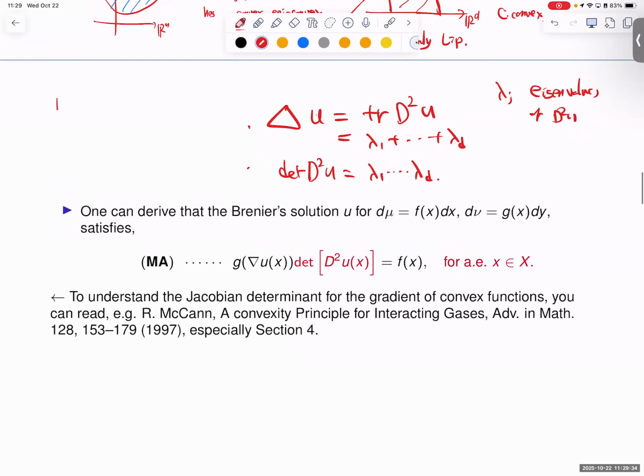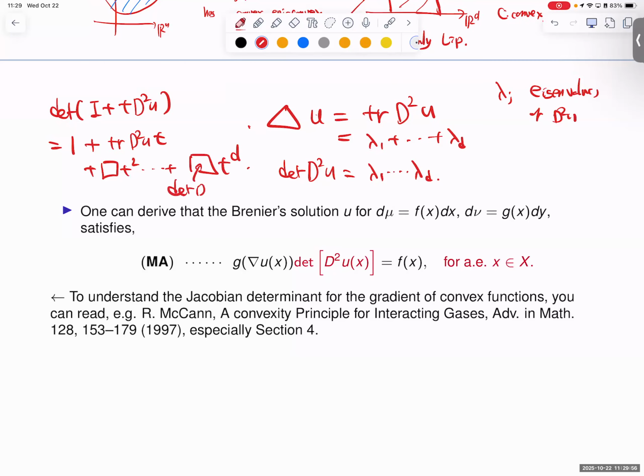You can compute the determinant of identity plus t times the Hessian of u. Then the first term is 1, the first order term is t times the trace of the Hessian of u, then you have t squared with other coefficients, and at the highest power you get the determinant of the Hessian of u.